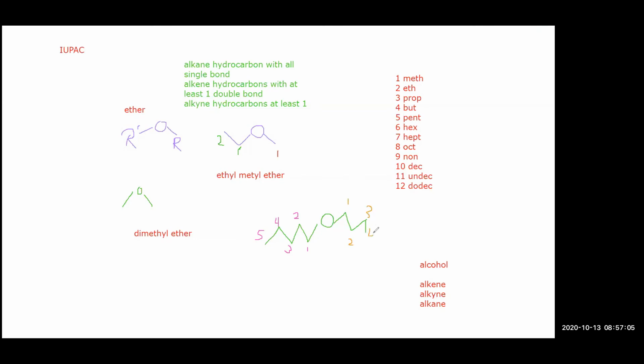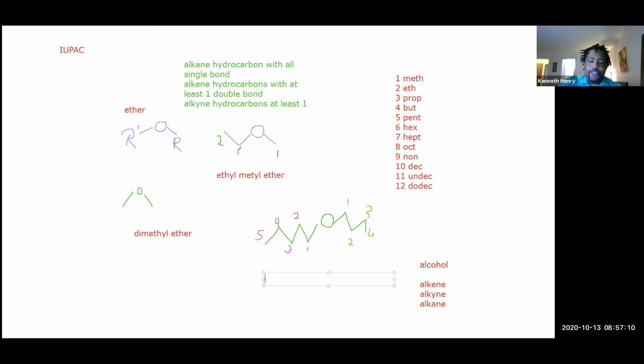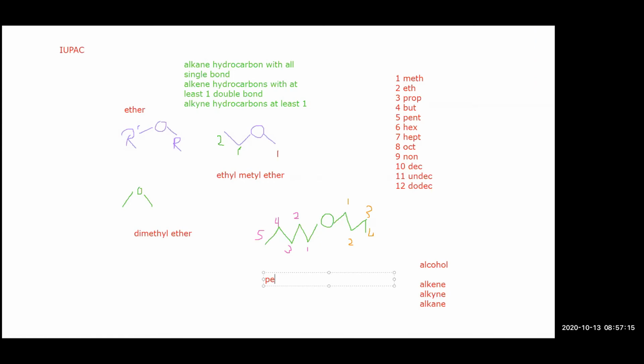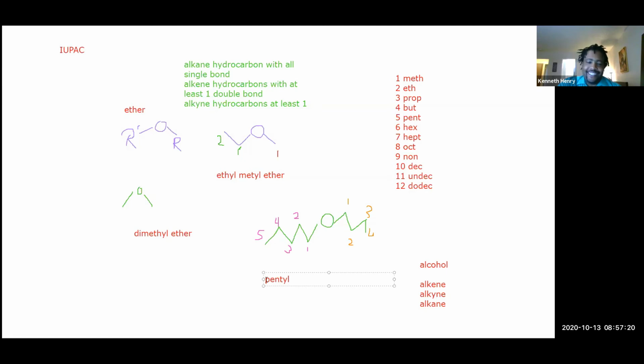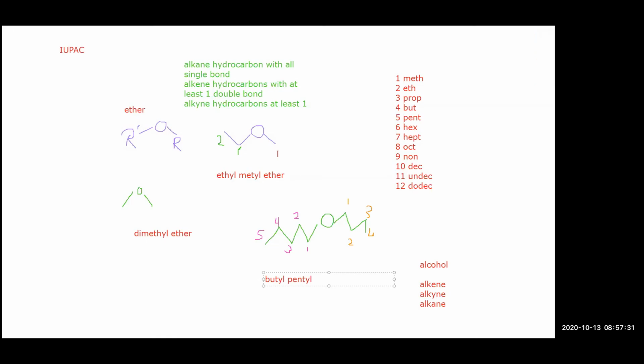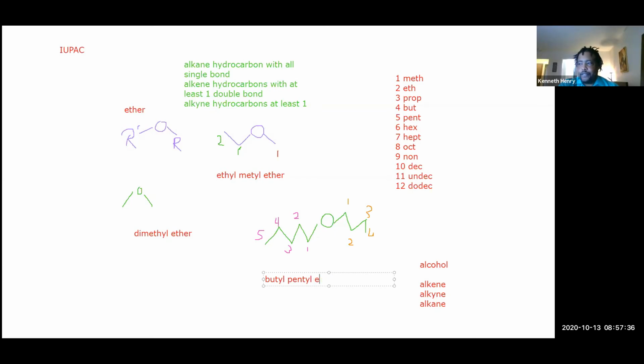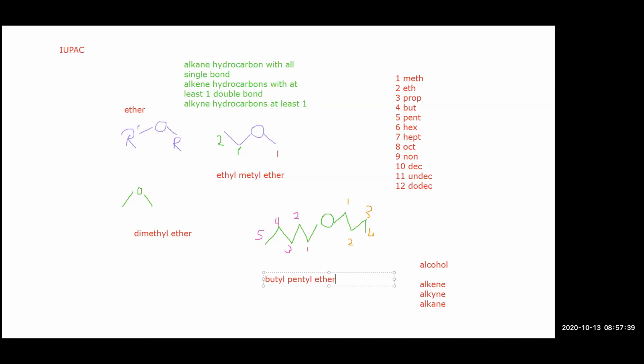So we have pentyl on one side and the other side would be butyl. I know it looks like butt, so you want to say butyl, right? So butyl pentyl, and then the ending would be ether. That's right. Okay, piece of cake?